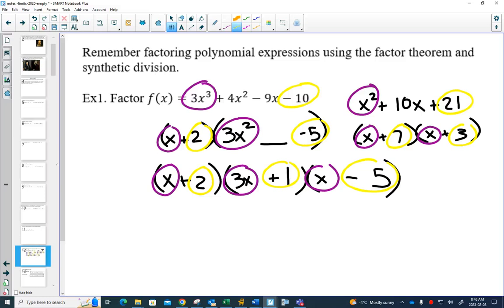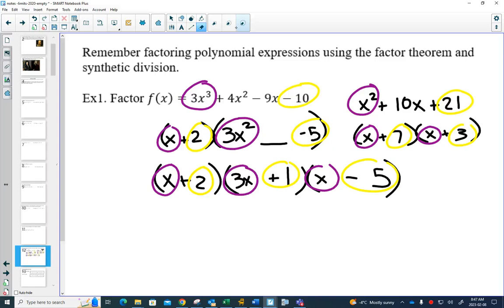So we've learned some techniques. The number one thing, oh, that's a lot of color right now. I'm going to erase that. But the overall idea is that your first ones always have to multiply to get your first one. And your last ones will always have to multiply to get your last one.